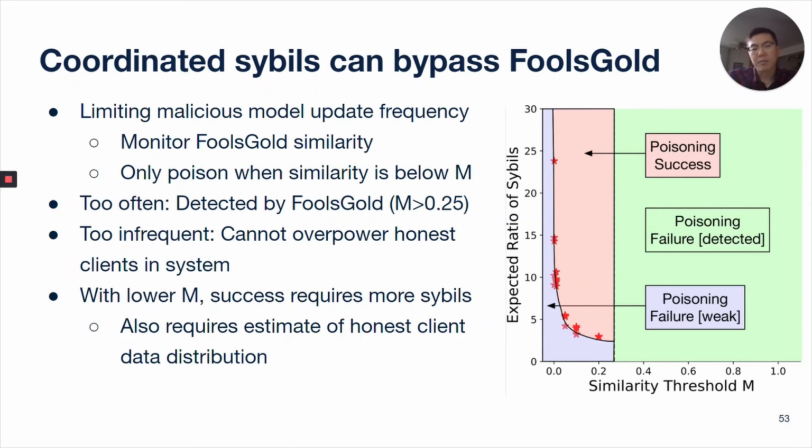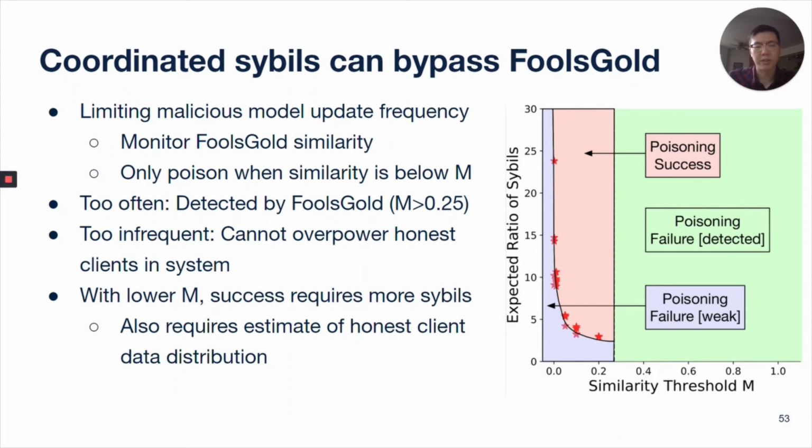If the attack is performed too infrequently, it does not get detected by FoolsGold, but it is too weak to overpower the honest clients in the system, and the attack also does not succeed. That is the left blue area in this figure. Interestingly, there is a trade-off here, as with a lower threshold M, another way an attacker can bypass this system is by creating more sybils to achieve the same objective.